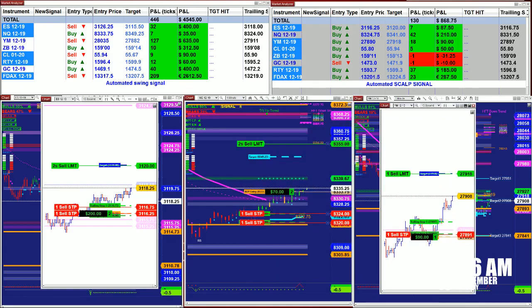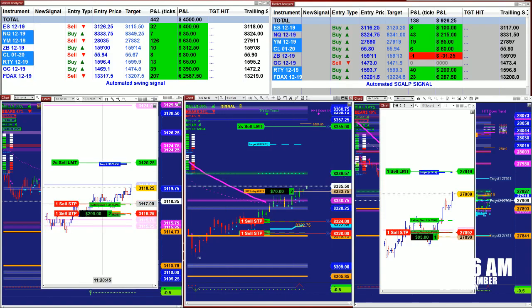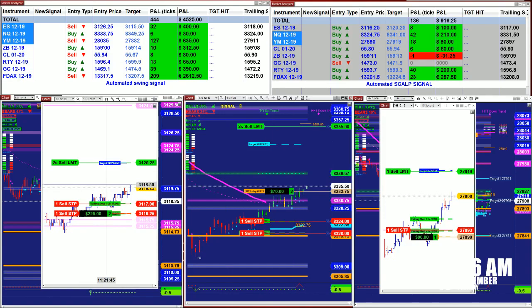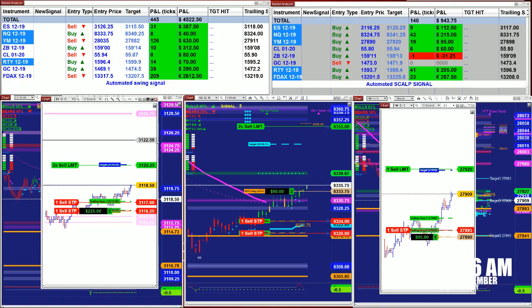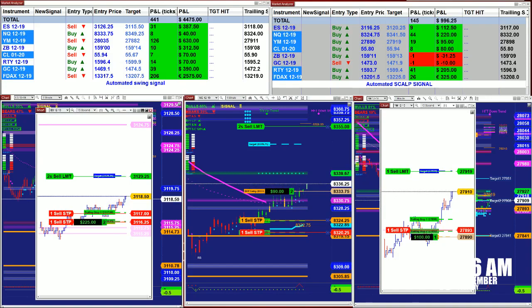And on the Nasdaq, we have a problem at 83.39.75. Can you see where the ES has hit? So if we are breaking it, we are home free on that one here. I'm not gonna extend the target on the ES.